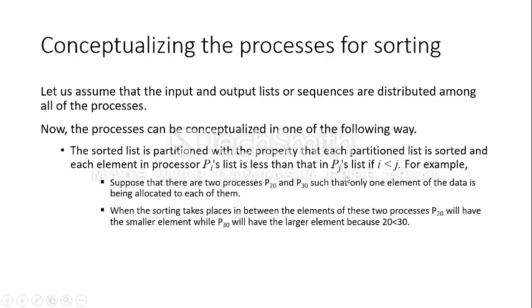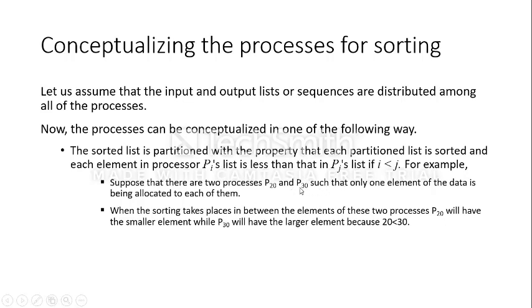It can be understood by the following example. Suppose there are two different processes, process P20 and process P30, where we can observe that the subscript 20 is less than the subscript 30. So in that case, when these two processes take part in the sorting, the smaller value will be retained by the process P20, while the larger value will be retained by the process P30, and the rest of the values will be discarded.